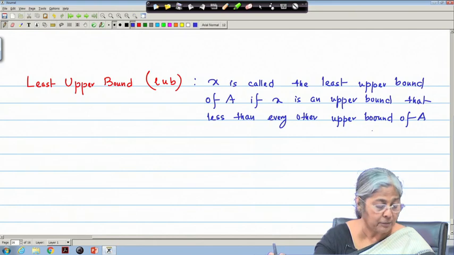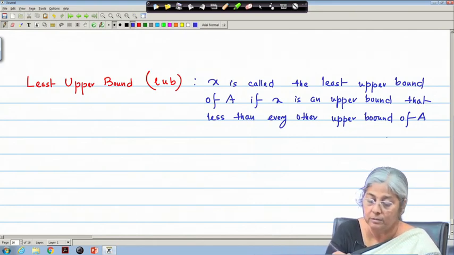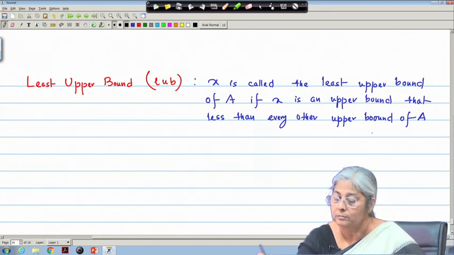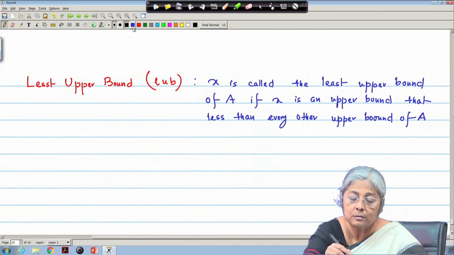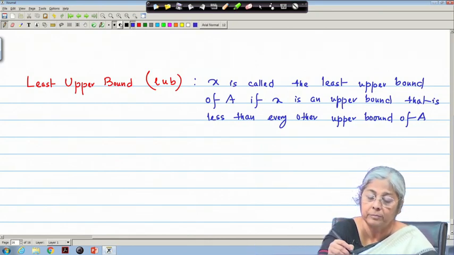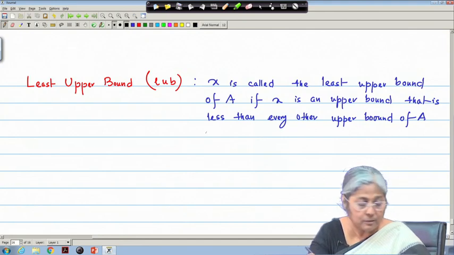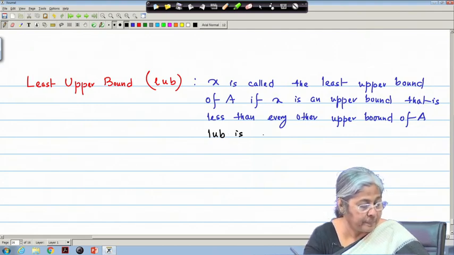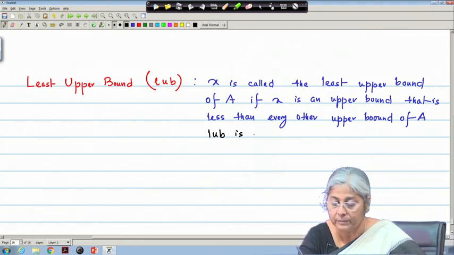So, it is only one element. So, LUB is less than every other bound of A.